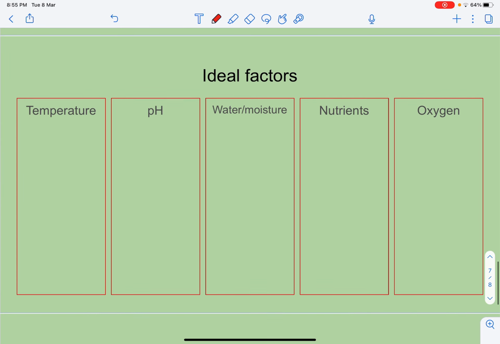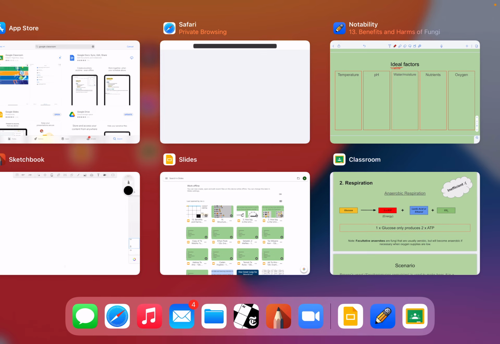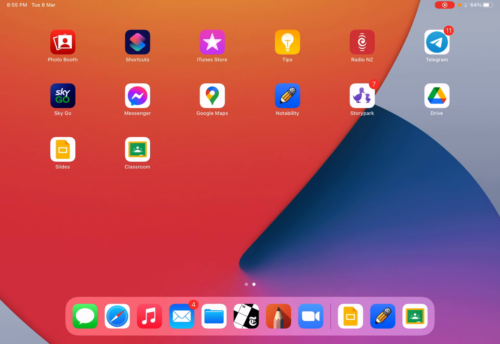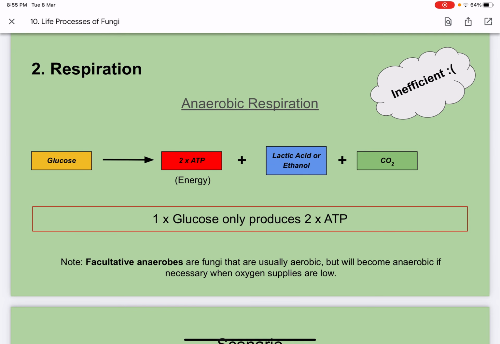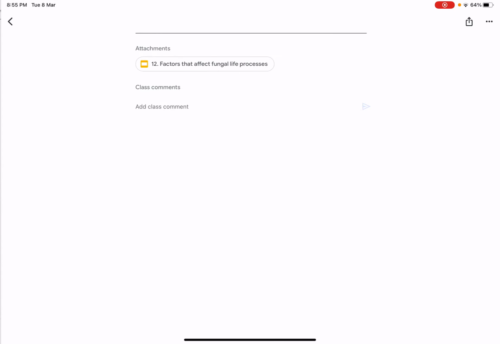So moving on to the factors, you have to describe what are the ideal factors that yeast needs in order to survive and thrive. So the factors that affect their life processes are in the other lesson. So if you go back to Google Classroom, it will be under Lesson 12, factors that affect life processes of fungi. And you've got the 5 factors there.